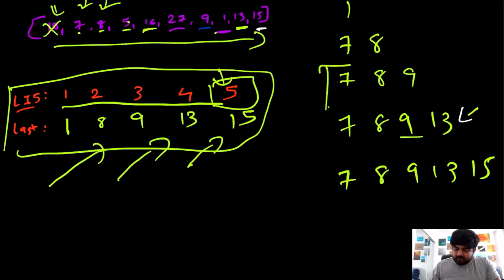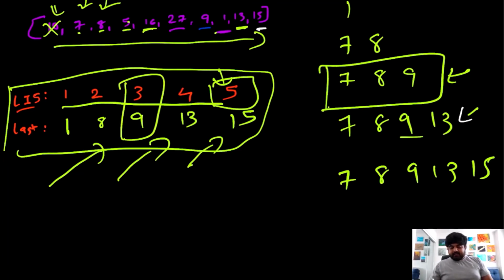Because if we were to choose a value of 3, what is the longest increasing subsequence up to the point of 3, we can easily say that hey, it's this one, and the last digit is actually 9. So if we find some better digit, it becomes pretty easy for us to calculate where we are going to append that value. And I hope this makes things more understandable.